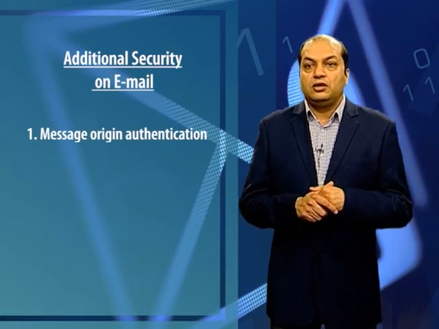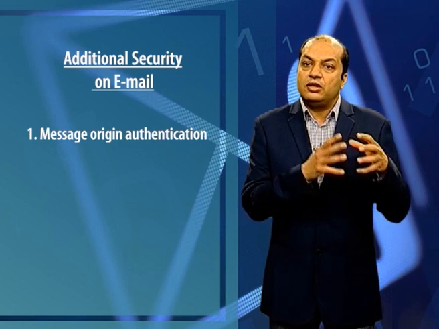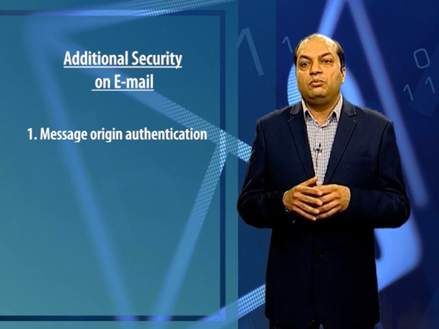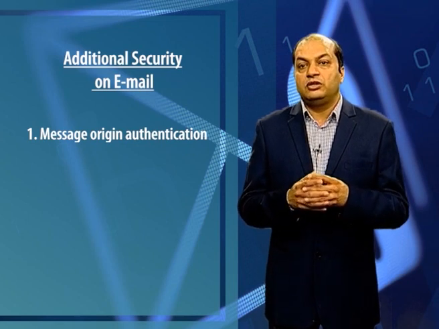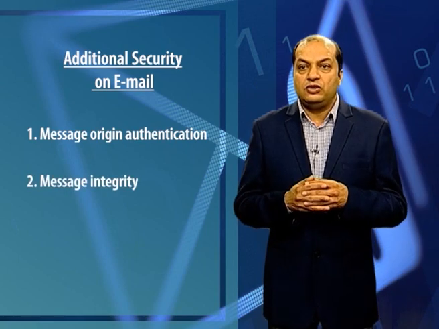The additional security properties which can be achieved on an email application include the following. Number 1, message origin authentication. The information about who is sending the email, or the sender authentication, which can be achieved with the help of digital signature. Number 2, message integrity.